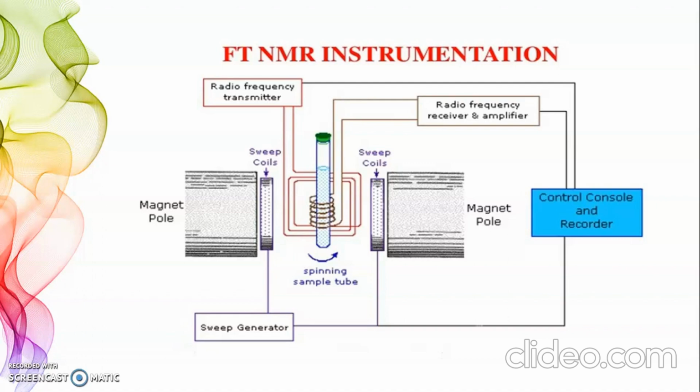The tube spins at right angles to the z-axis, which is horizontal, whereas in the superconducting magnet, the tube fits in the bore of the solenoid and spins about the z-axis, which is vertical. The transmitter and receiver are coupled through the sample nuclei.